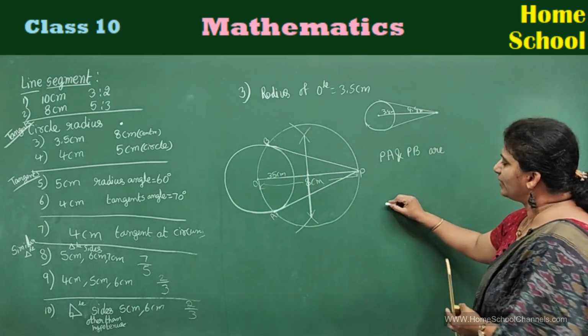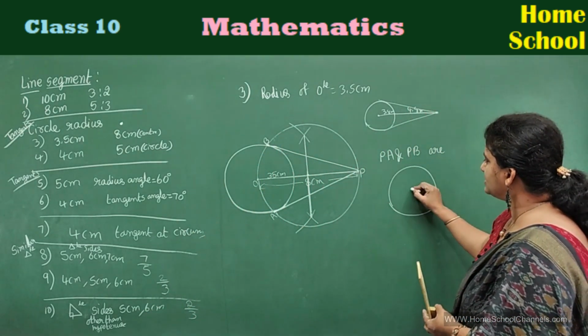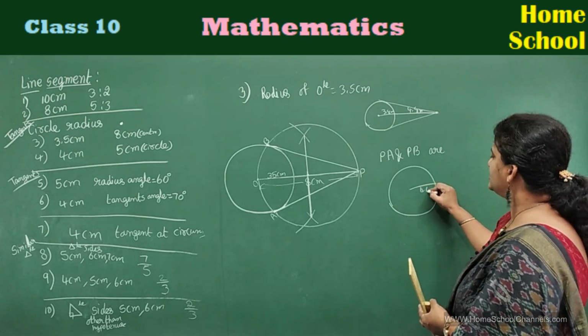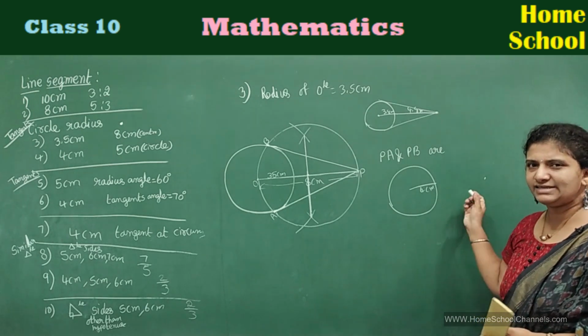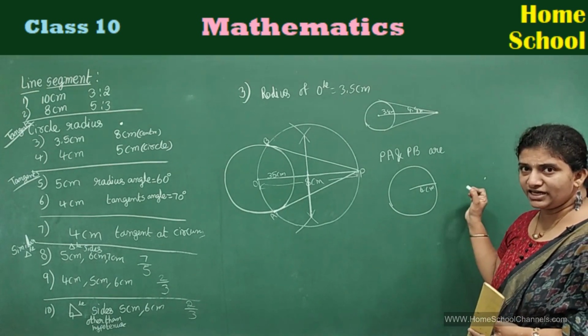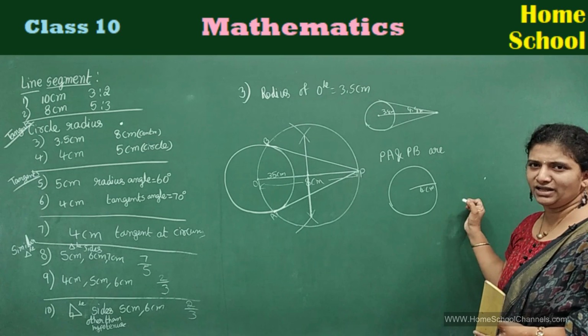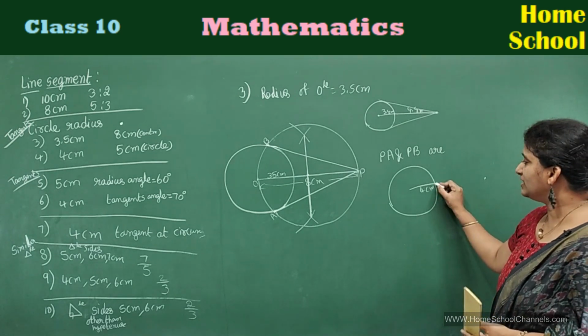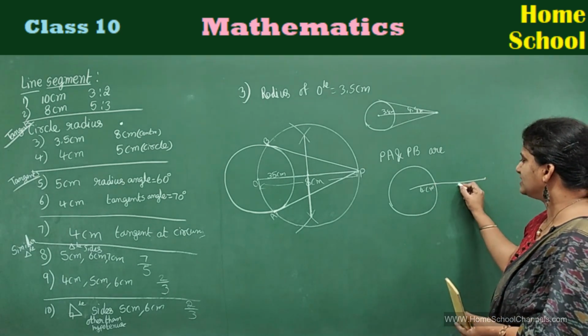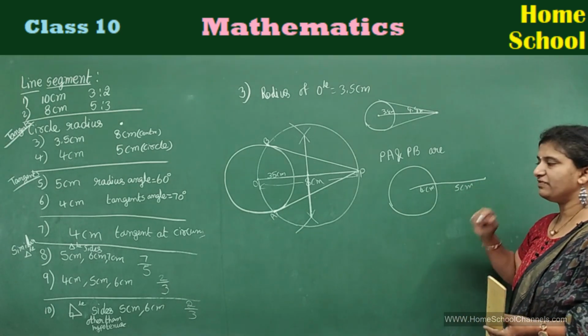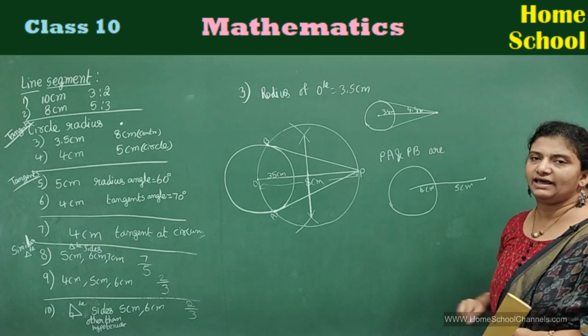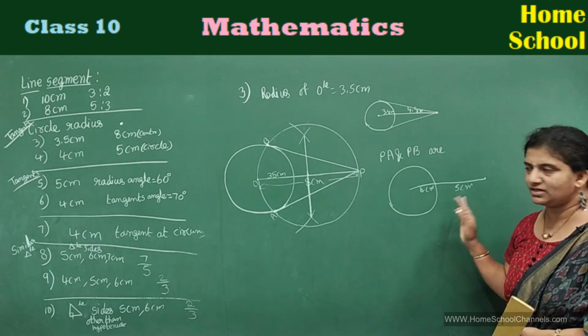That means circle radius is 4 centimeters, and the external point is 5 centimeters away from the circle. Means what is this length? 5 centimeters. 4 plus 5, total line segment length is 9 centimeters.